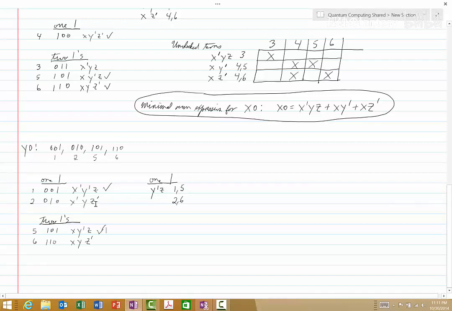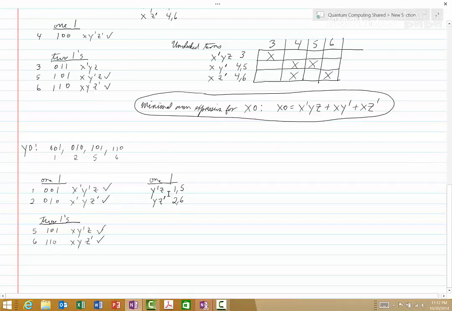Okay, now 2 and 6, if you look, these two differ only in the x position, and so that x will drop out and we'll be left with yz prime. And sure enough, if you look at the terms, that's what we get. And so we get a check mark by 2 and a check mark by 6. And that's the end of the first column.